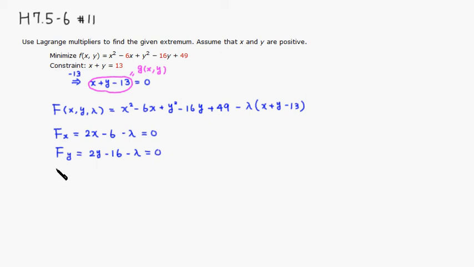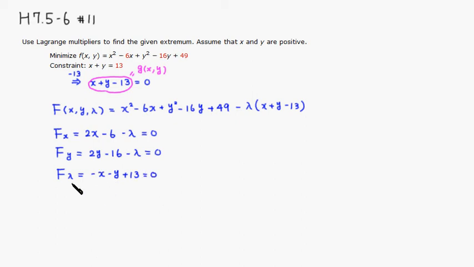Then the partial of capital F with respect to lambda: all these are 0 because there's no lambda in there, so we get negative x minus y plus 13 equal to 0.